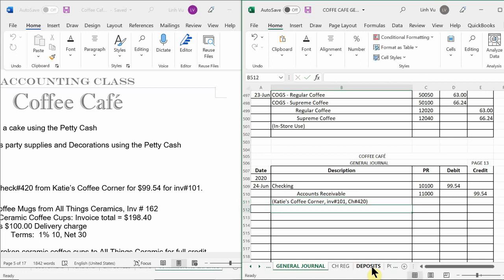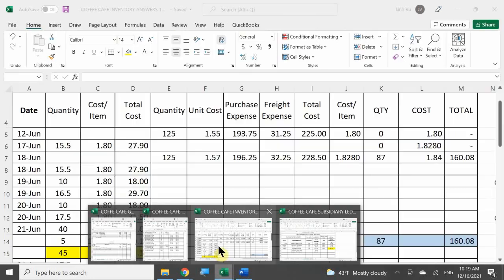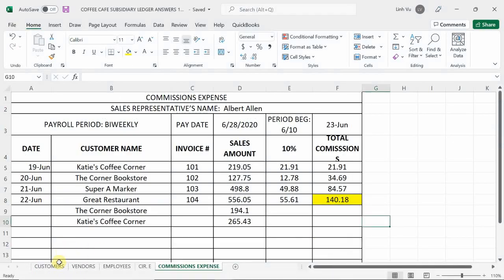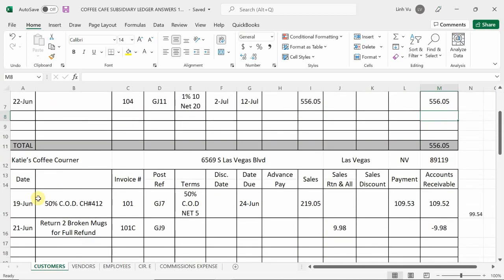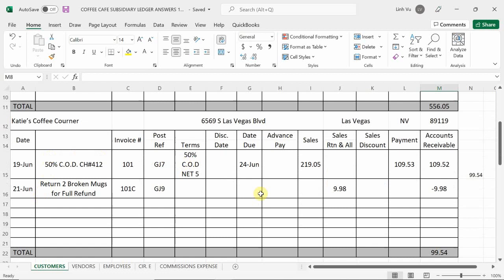Now, how do we know surely how much Katie owes me and how much Katie has to pay me back for? In the subsidiary ledger, right? Let's double confirm in our subsidiary ledger, Katie's Coffee Corner, that the original invoice was for $219.05.